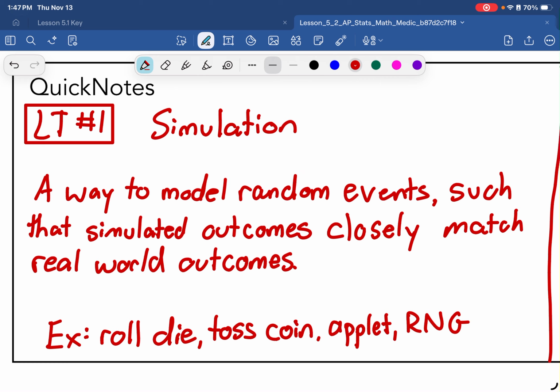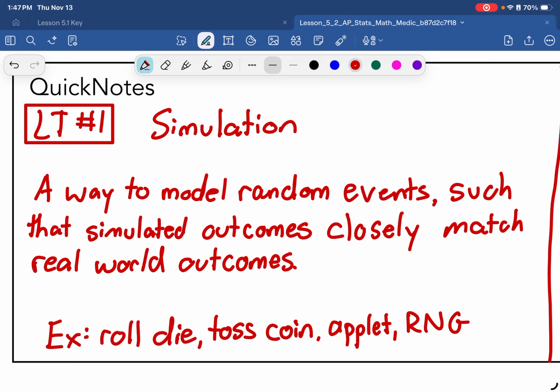So big ideas here. Simulation is a way to model random events such that simulated outcomes closely match real-world outcomes. You can just roll a die, you can toss a coin, or you can use an applet. Again, on the AP exam you can't really use an applet.